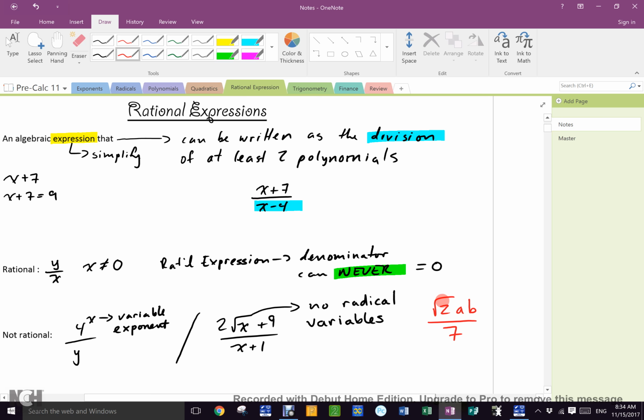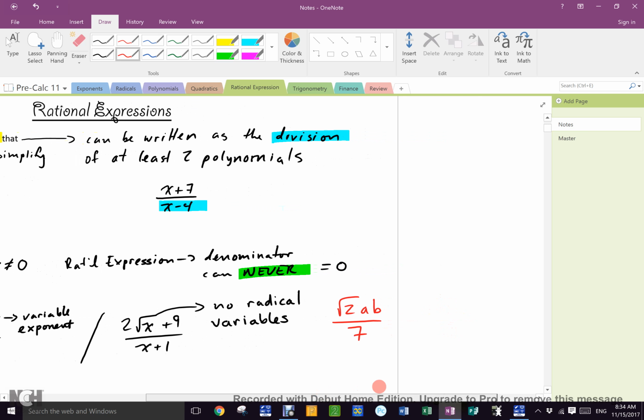Now, obviously the next thing I'm going to do is change it to this. Is that rational? No. There's no radical variables.